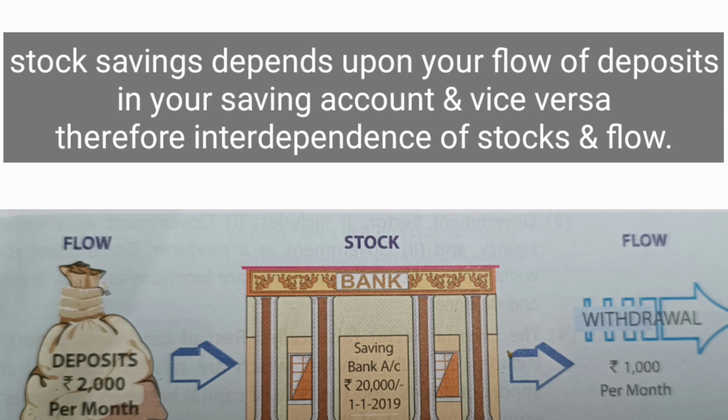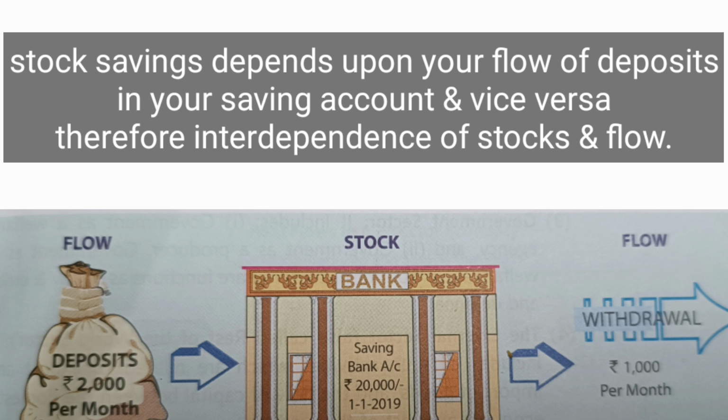Okay, then say if I withdraw 1000 rupees per month from this account. Okay, so I'm withdrawing, I'm taking out the money. It makes it a flow concept. Why? Because over the period of time, like every month, I am withdrawing some amount of money. So it makes it a flow concept.